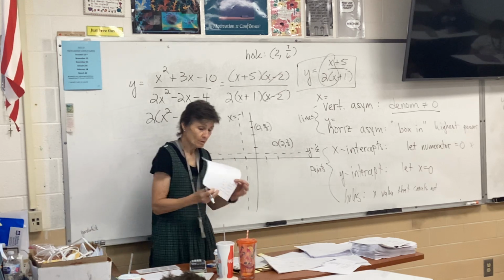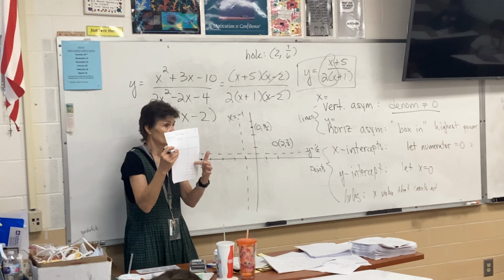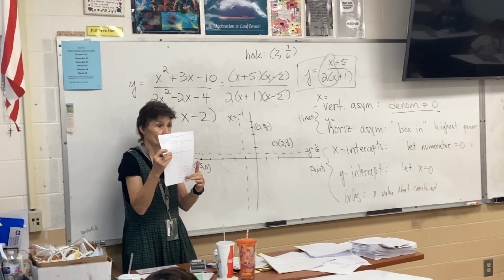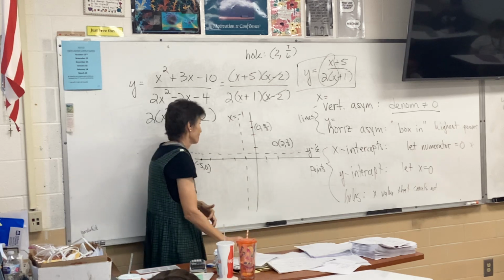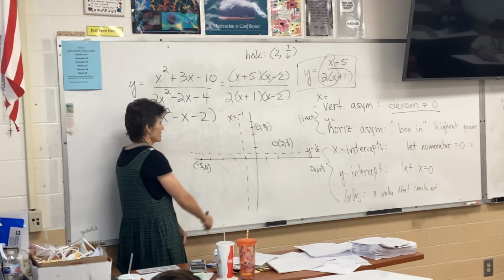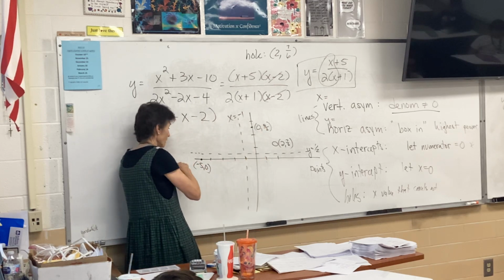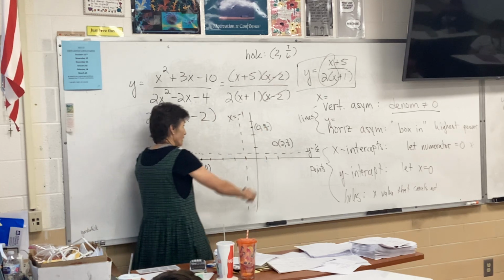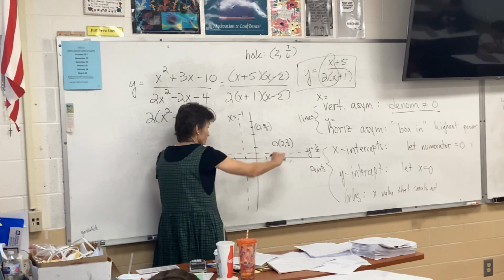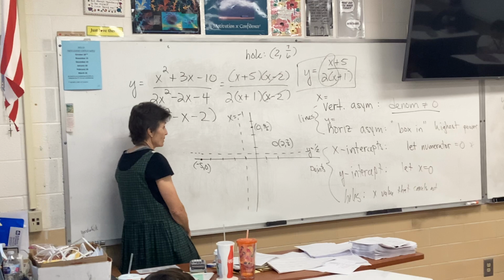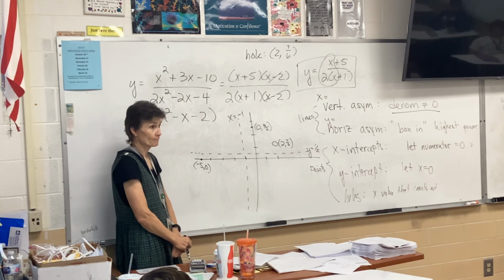So now, hopefully, you have filled in all of this. This is your y-intercept, it's on the y-axis. This is your x-intercept, it's on the x-axis. That's your vertical asymptote, horizontal asymptote. So now you gotta sketch it in. Can you see what it looks like?